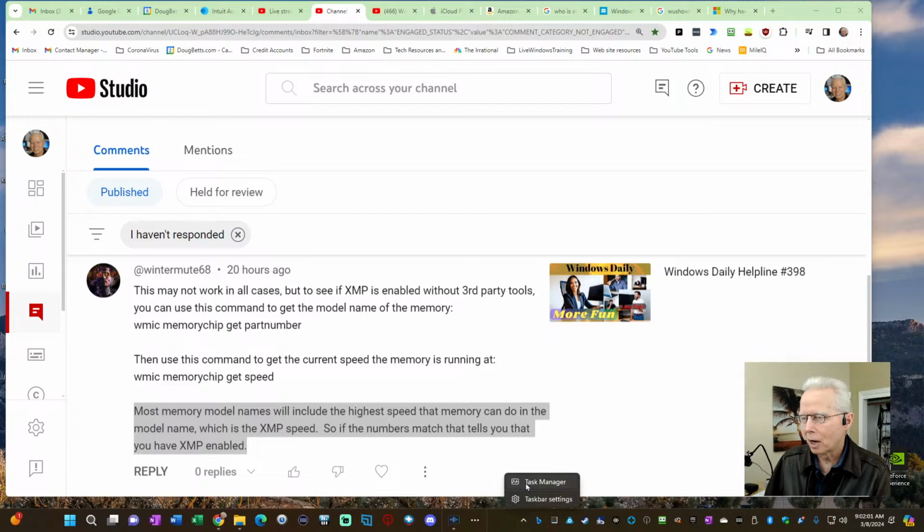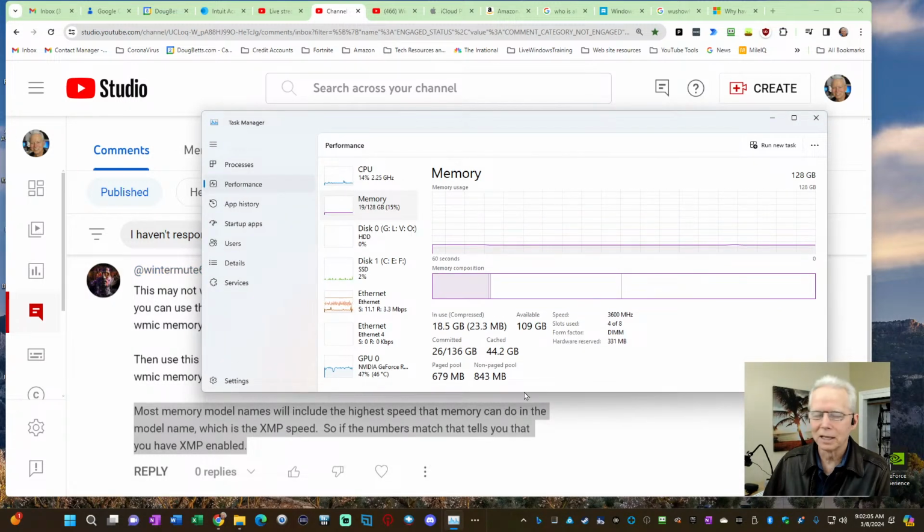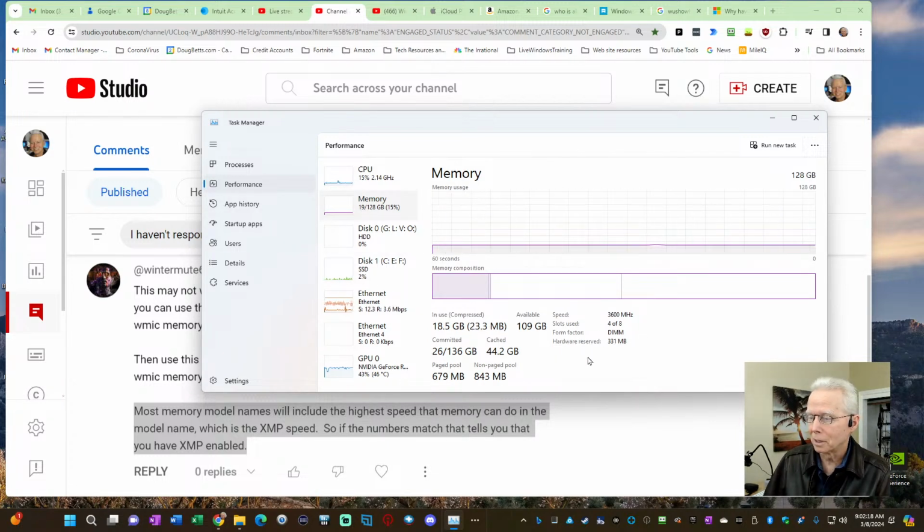That does not accomplish what I would like to see, and it's time for me to give that up. It's just not present. What I would like for Windows to tell us, just like virtualization here, it tells us that's enabled. I would like for the memory panel to tell us that XMP is enabled. It's not there. Let it go.